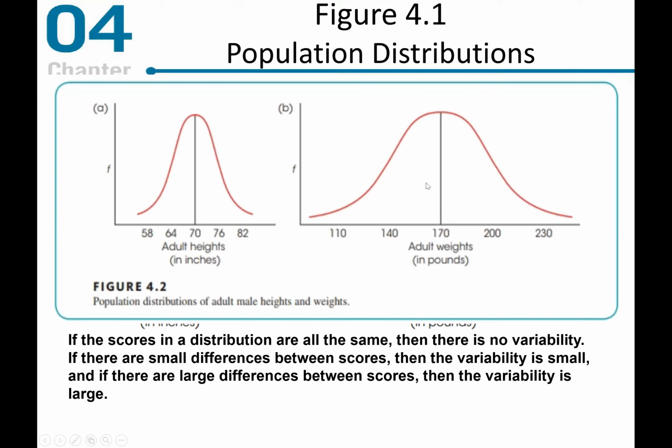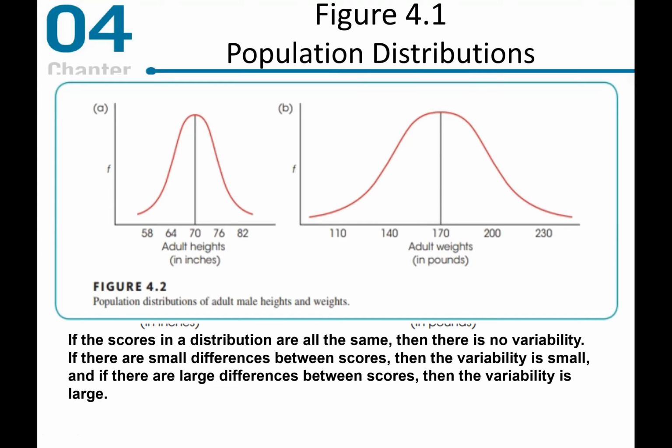Because the weight distribution is so wide, we probably wouldn't be able to pick one person out of this population who is very, very close to the adult population mean. You could have people who are 110 pounds, which is really far away from 170. You could have people who are 230 pounds or more. So the scores for this population are very spread out. They're very far from the mean.